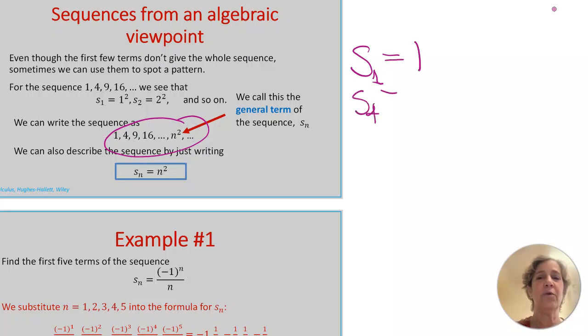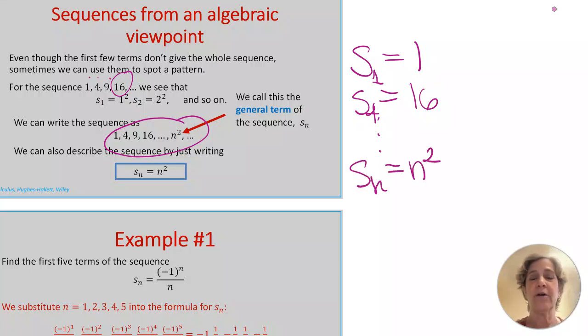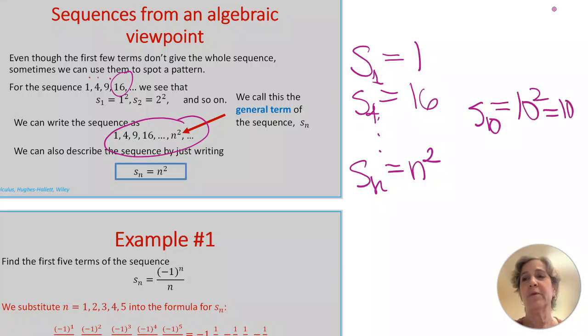S sub 4 would represent the fourth term, 1, 2, 3, the fourth term, which would be 16. And what they saw is that there's a pattern here, and the nth term is n squared. Once I have the pattern, I don't need to list out every term in the sequence. If I wanted the 10th term, I know that would be 10 squared, or 100.